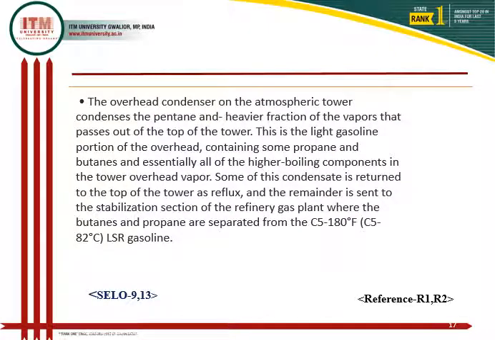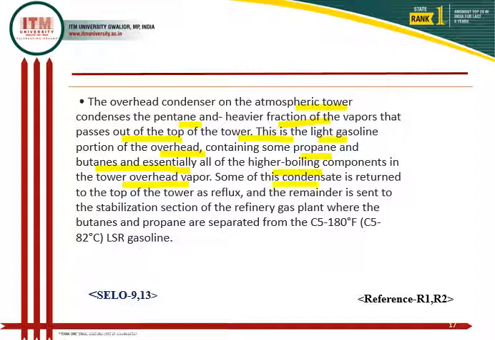The overhead condenser on the atmospheric tower condenses out the pentane and the heavier fractions of the vapor that passes out of the top of the tower, and the light gasoline portion of the overhead contains some propane and butanes and essentially all the higher boiling point components in the tower overhead vapor.